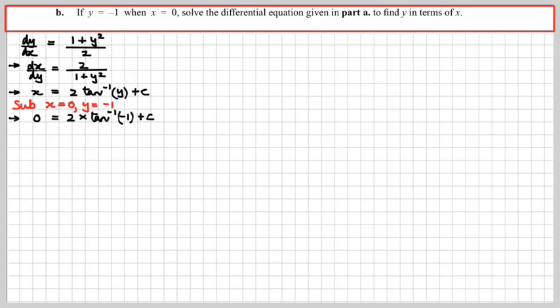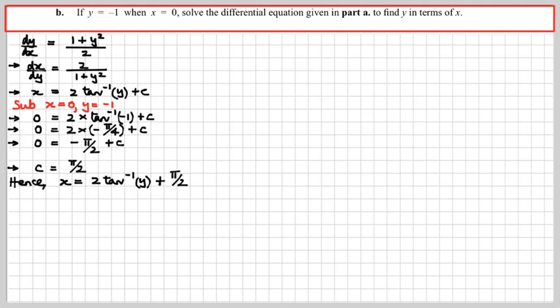It is minus pi on 4, so that term there would be 2 times minus pi on 4, which would be minus pi on 2. Therefore, c must be pi on 2. Okay, Mr. C, take your place in the ensemble. There you are. So x is 2 times inverse tan y plus pi on 2.